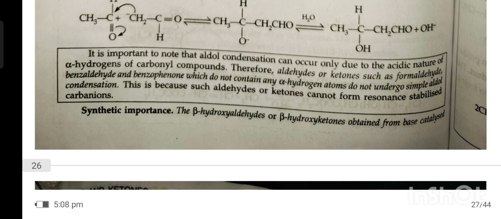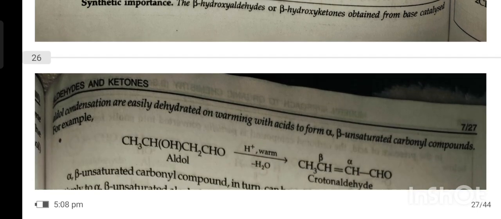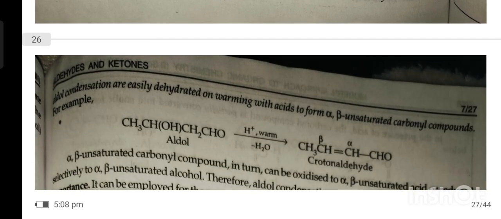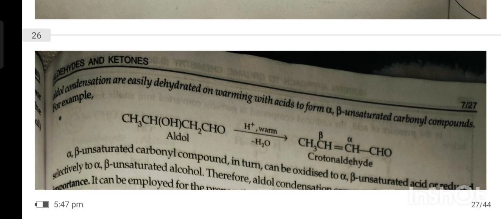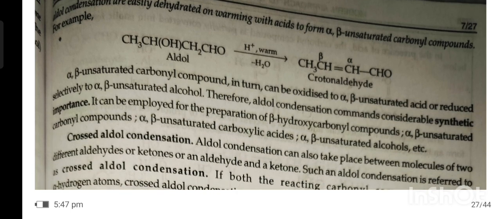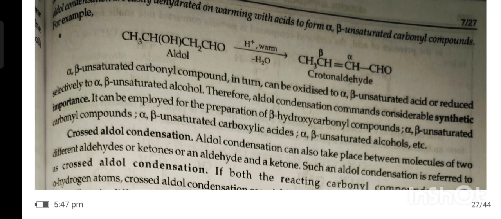Synthetic importance. The beta-hydroxyaldehydes or beta-hydroxyketones obtained from the base catalyzed aldol condensation are easily dehydrated on warming with acid to form alpha-beta unsaturated carbonyl compounds. Alpha-beta unsaturated carbonyl compounds in turn can be oxidized to alpha-beta unsaturated acids, or reduced selectively to alpha-beta unsaturated alcohols.